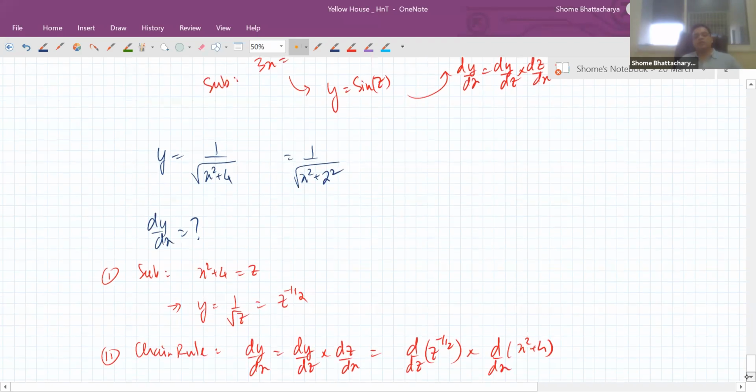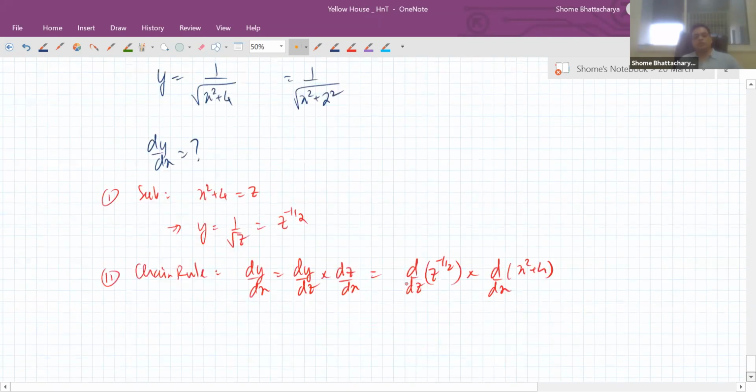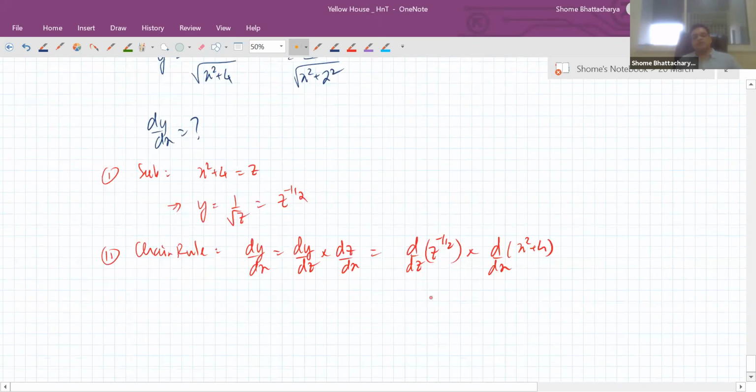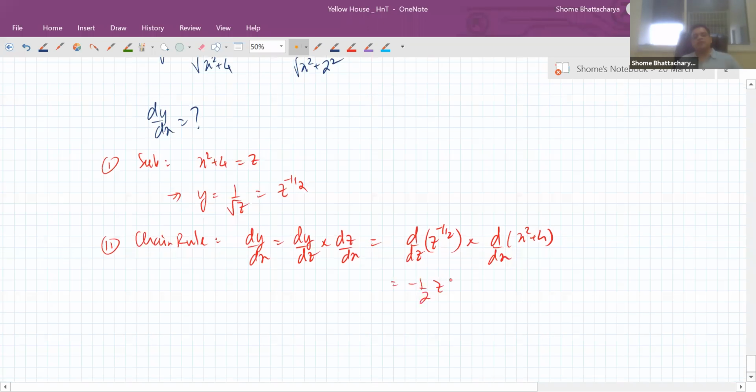Now understood where the 2x is coming from. So this is minus half z to the power minus half minus 1 into this term is becoming 2x. So this is minus 1 by 2 z to the power 3 by 2 into 2x. So that becomes x upon z to the power 3 by 2. So that becomes x upon x square plus 4 to the power 3 by 2.